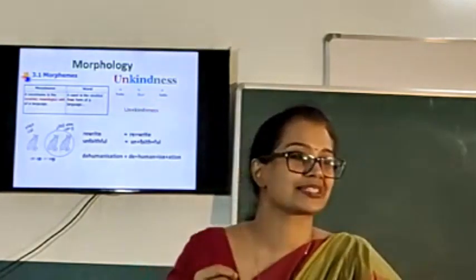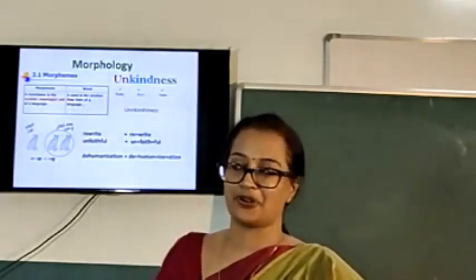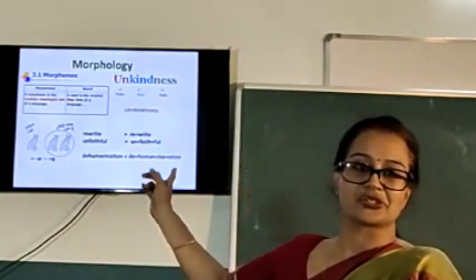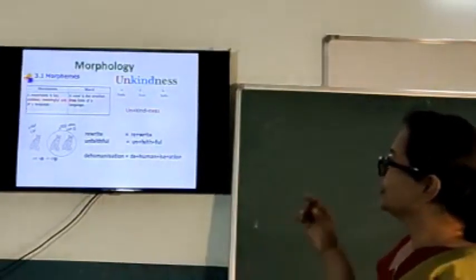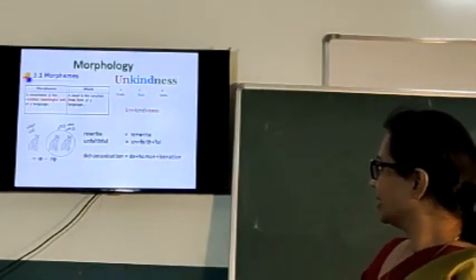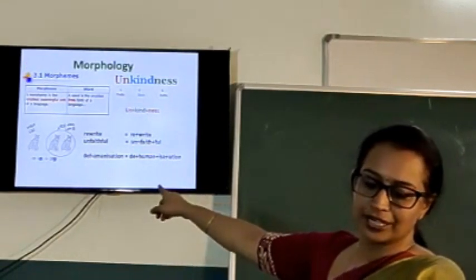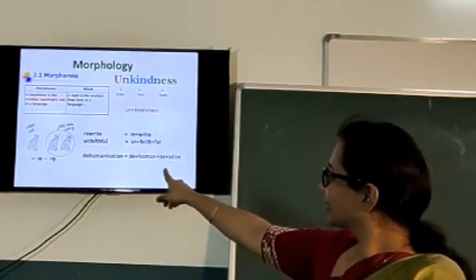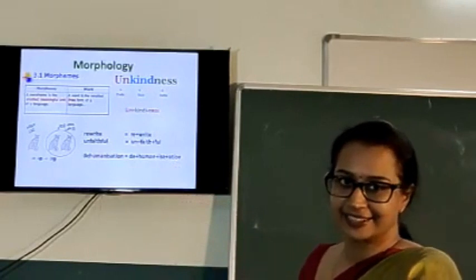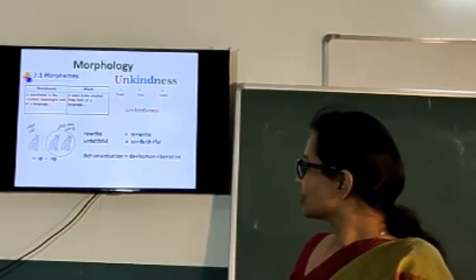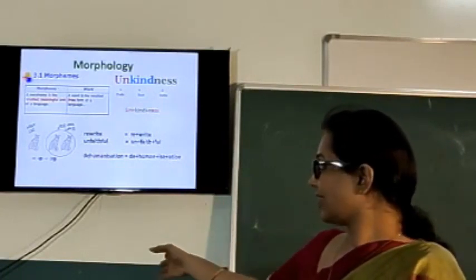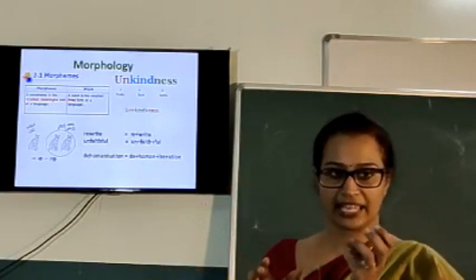Now, what are morphemes? What is morphology? Just pay attention to the slide here. If you look at the slide, you will find the picture of cat and cats, right? Yes? So cat and cats, they mean the same.